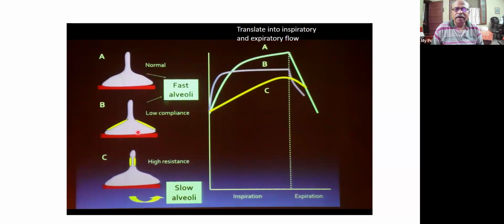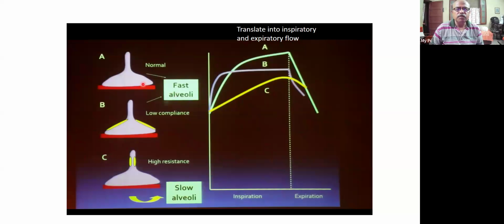The low compliant curve doesn't distend too much. So the capacity is reached very quickly and it takes a flat plateau and then the expiration starts. While the alveolus which has a high resistance takes time to fill up fully and then the expiration will start.